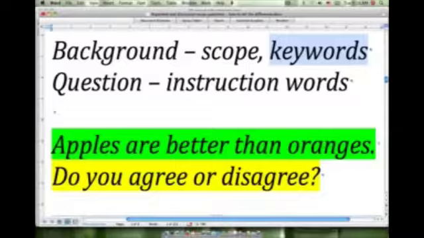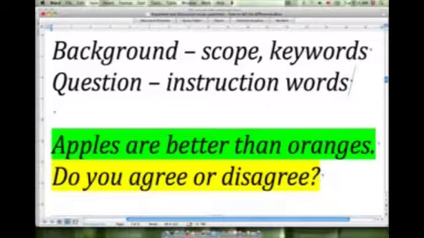All IELTS essay questions also include a question portion, which includes instruction words. Now, instruction words can be words like discuss, argue, support, refute, analyze, anything that sort of gives you, as the test taker, an instruction that commands how you're going to respond to your essay question.